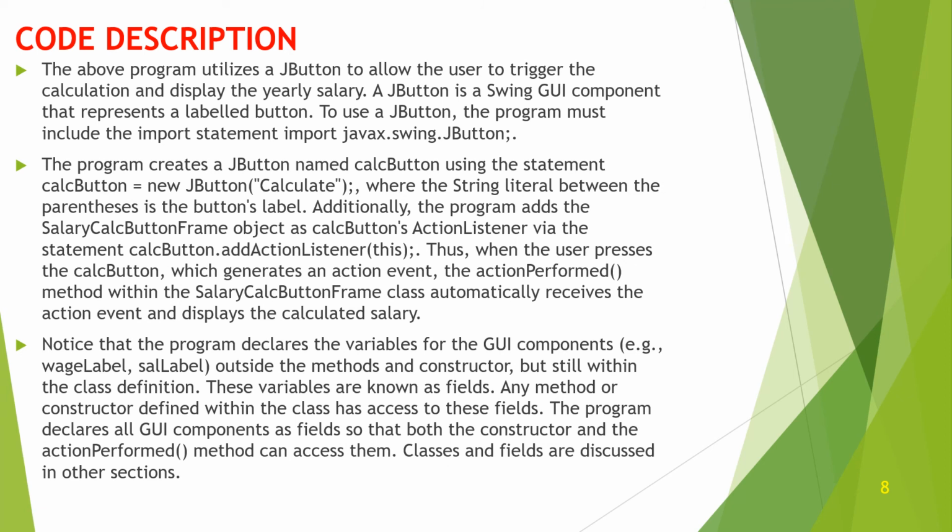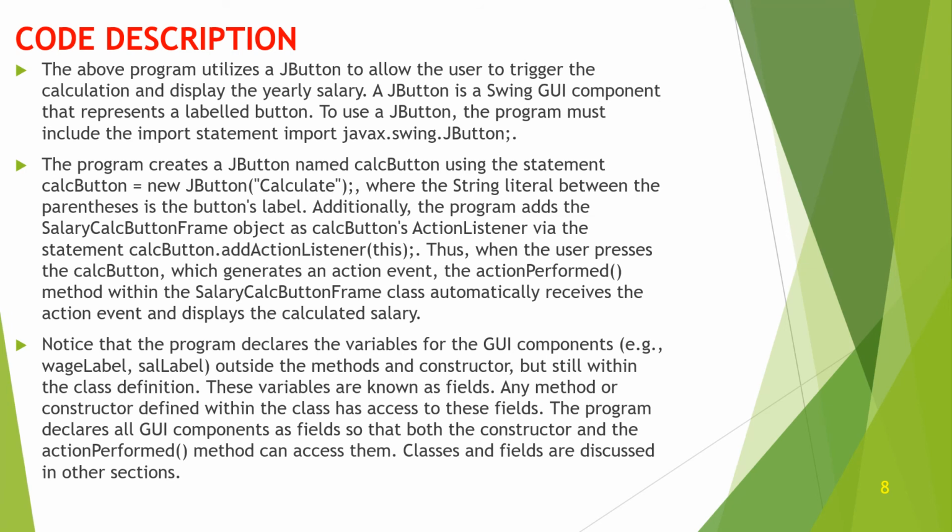For using JButton, you have to use an import statement in javax.swing again, which is used as part of JTextField and JLabel. So JButton comes under the same set of import statements.